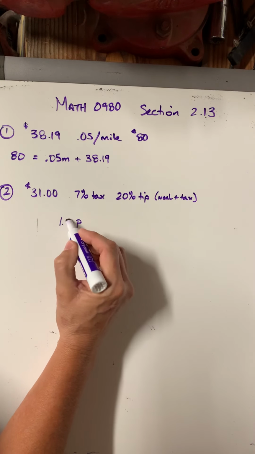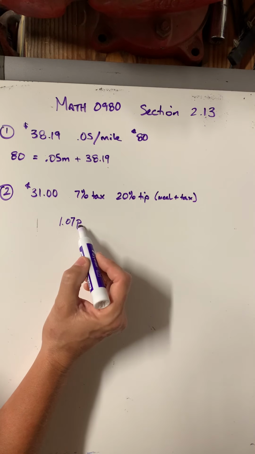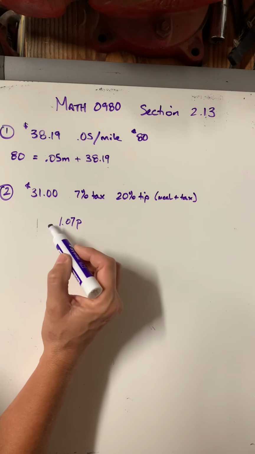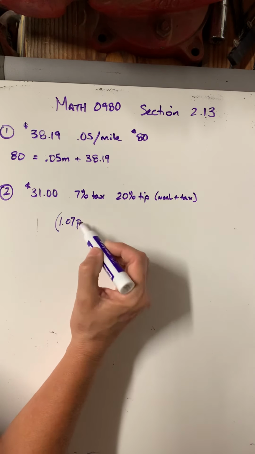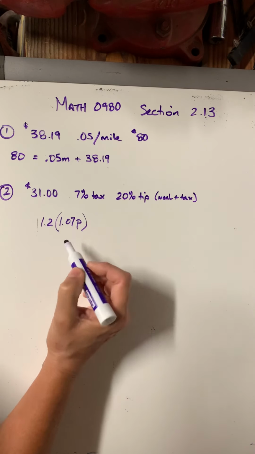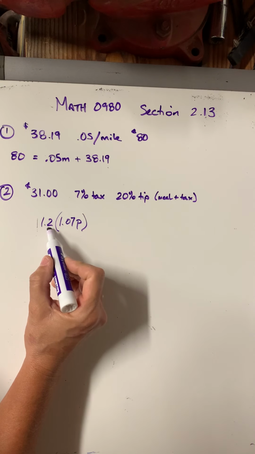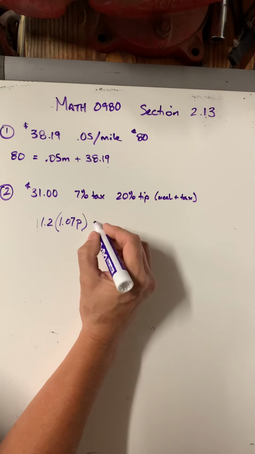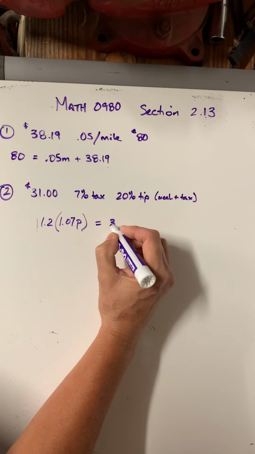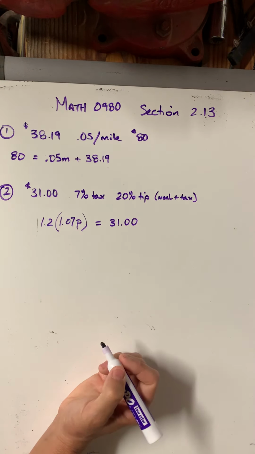So 1.07 would be my multiplier, times my meal price, which I don't know, would be the meal as well as the tax. Then she's going to tack on 1.2 as my multiplier for this whole price and the tip of 20%. Altogether, that needs to equal her $31.